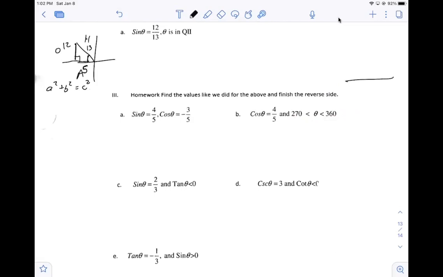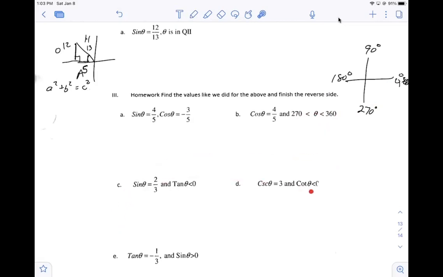Me being someone who studies for my tests and knows my unit circle and my quadrant angles, knows that each quarter turn is 90 degrees, right? So anywhere between 270 and 360 means that I'm over here, which is quadrant 4. So it didn't tell me that I'm in quadrant 4, but yes, it did, because it said my angle theta has to be in a range that can only be quadrant 4.